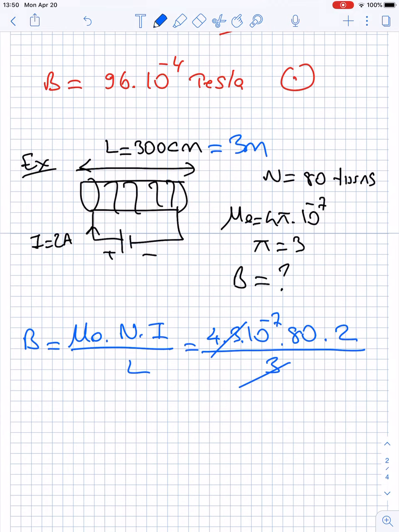The 3 and 3 simplify, and after calculating, my magnetic field is 64 times 10 to the power minus 6 tesla, and my direction is out of the page.